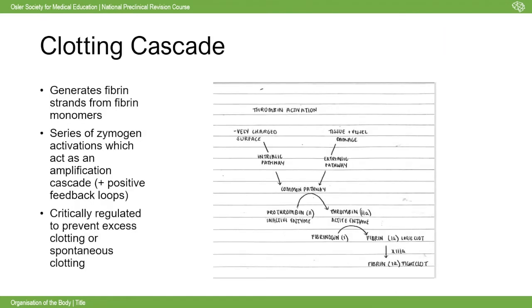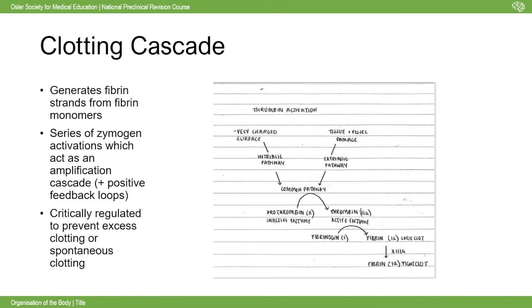So the clotting cascade. This is, again, a real highlight of Part A, in that they like to ask quite a few questions on this. So just familiarise yourself really quickly with this diagram on the right, which shows the intrinsic and the extrinsic pathway. These pathways are essentially different methods of activating, with different factors involved, but they both reach the same point, which is our common pathway, and that leads us to our key feature, which is the conversion of prothrombin to thrombin.